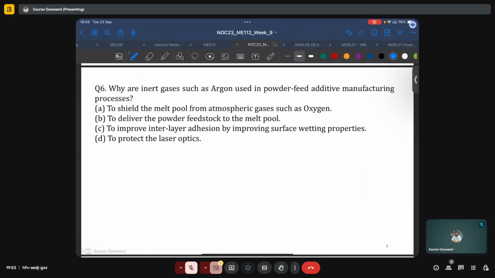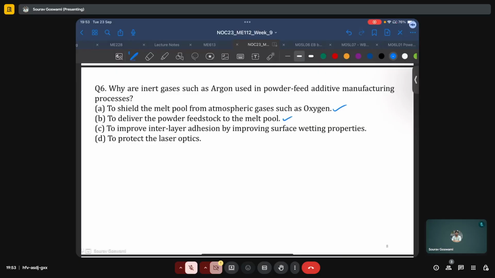Question 6 is asking us, why are inert gases such as argon used in powder feed additive manufacturing process? What uses do they serve? Do they shield the melt pool from atmospheric gases such as oxygen? Yes, they do. Do they deliver the powder feedstock to the melt pool? This is also correct.